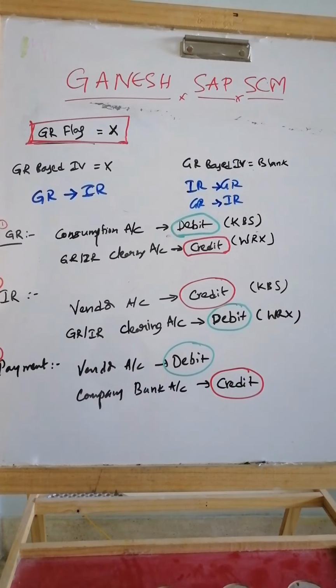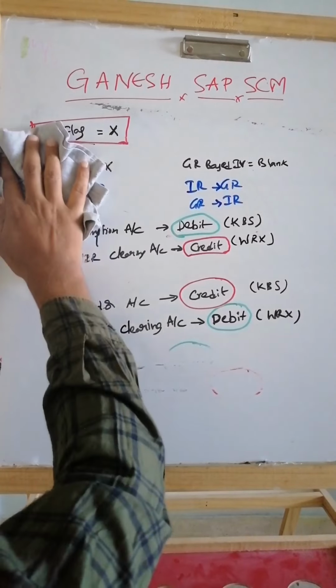Okay, we'll go to the new screen because there will be a lot of changes. So I hope it is clear. In GR flag equal to X, how does it happen? And now we are going to see GR flag not equal to X. We are talking about consumption based procurement. Let's go to the case.